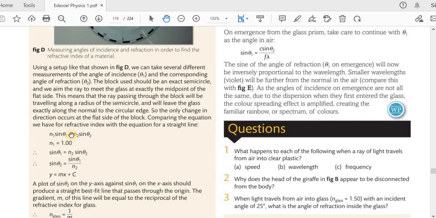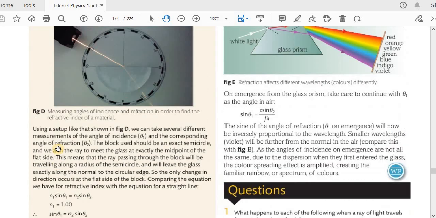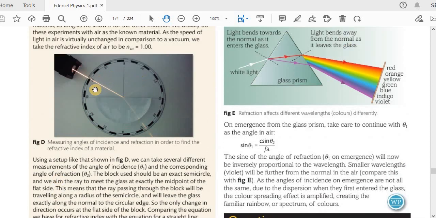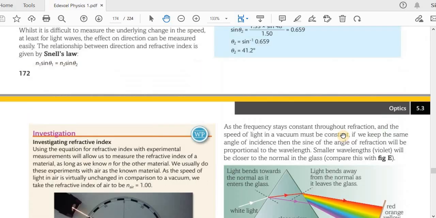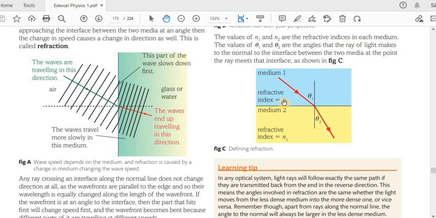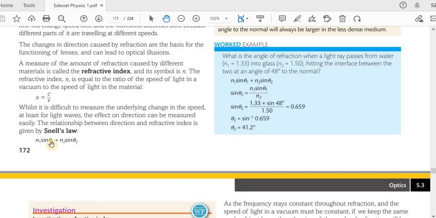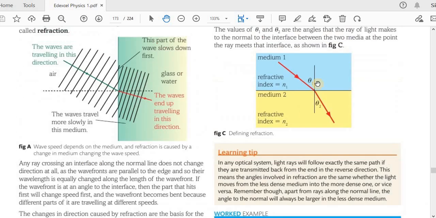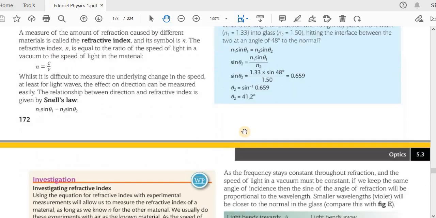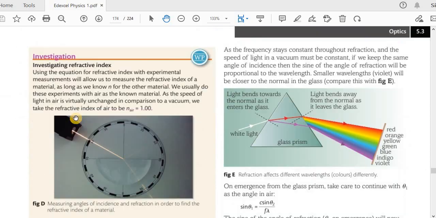So we write that equation here, and N1 is what? The refractive index of air. Now again, if you don't remember this, you have to refer to this diagram. See, N1 theta 1, and then look at this equation, N1 sine theta 1. Okay, medium 1. So for medium 2, this is N2 theta 2. This will be N2 sine theta 2.